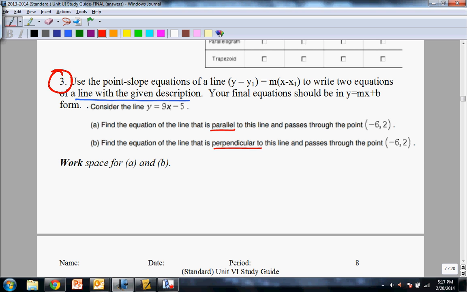The entire key to this problem is to remember the relationship of slope in parallel and perpendicular lines. For parallel, we know that the slopes are equal. Write this down.